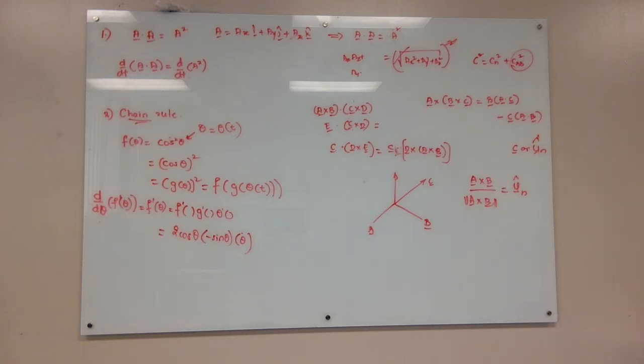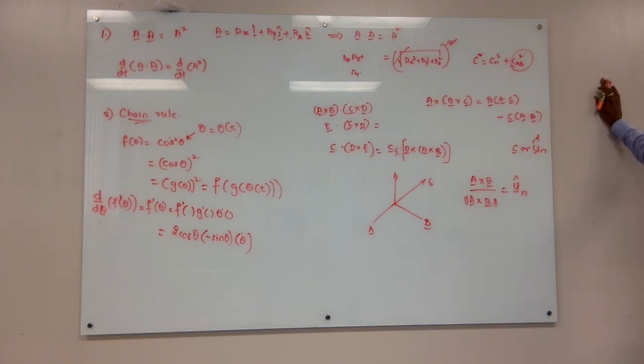Let's look at the next two problems. Problem number 6: there are three vectors A, B and C. What is the condition for them to be coplanar?